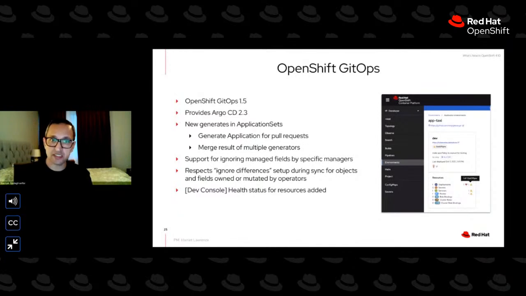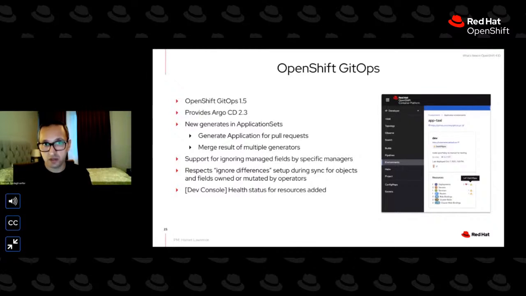There are some improvements done also for making it easier to deal with resources that are not completely GitOps compatible. For example, there are objects on OpenShift and on Kubernetes where some attributes are managed by operators. So when you create the object, an operator comes and mutates those fields. We have always had support to ignore these attributes. Now there are new, more advanced ways of ignoring them through managed fields, for example.